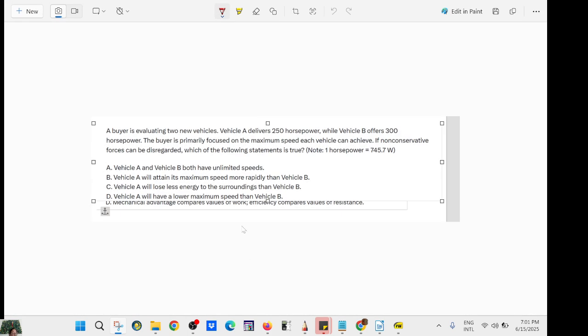So when you have power, average power will be the force times the average velocity. So more power for the same force, you can get more velocity. And also power is the change, for example, in kinetic energy over the time.